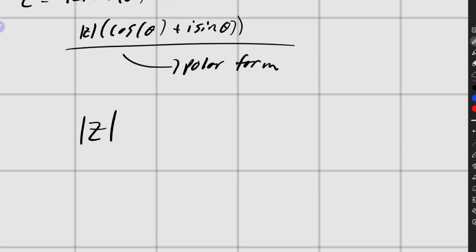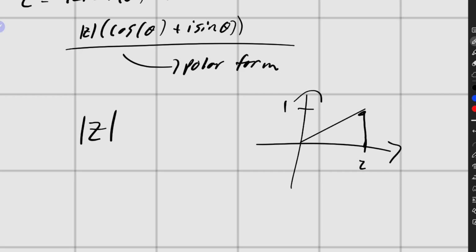So what does this mean? Your modulus of z is essentially, imagine you have a triangle. This is going to be your hypotenuse, right? That's what the modulus of z is. Say you have a real part of 2 and an imaginary part of 1. Imagine you link these up.